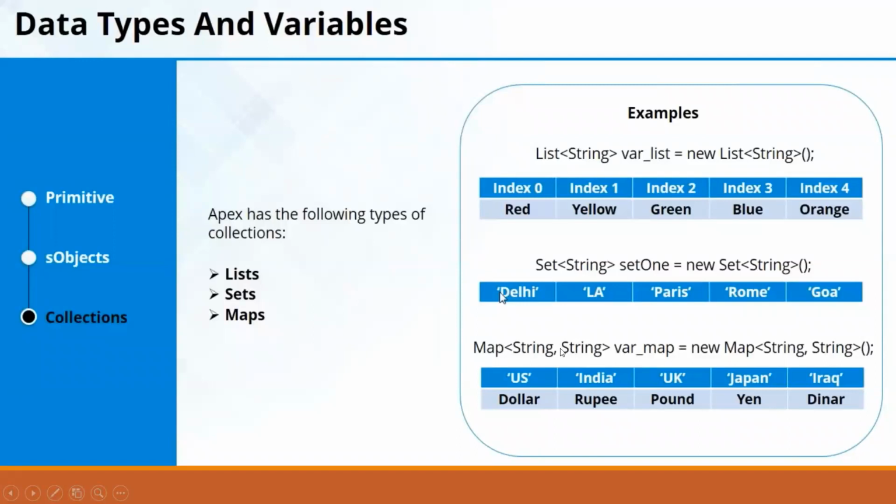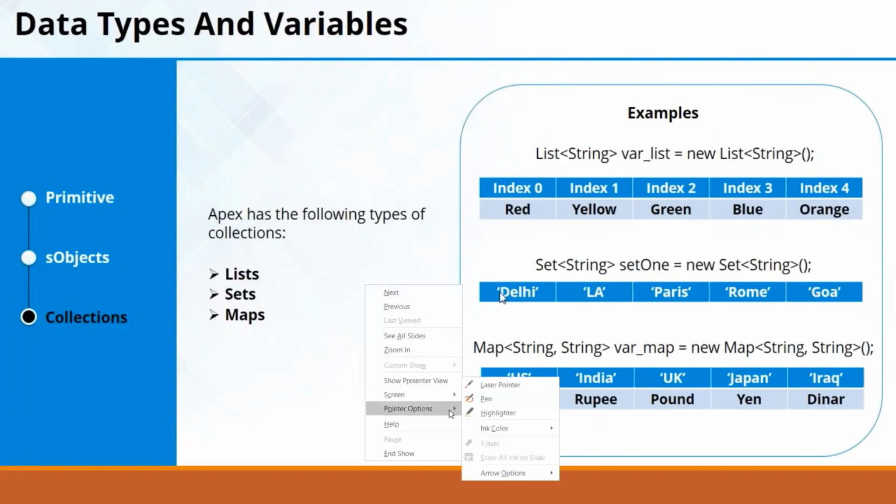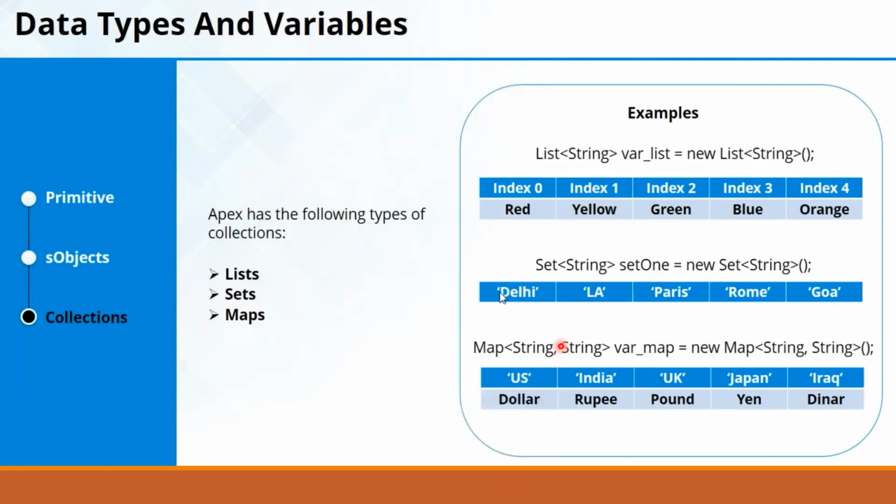The data type can be anything: ID comma Account, integer comma integer, integer comma string. First thing will be key, second thing will be value.